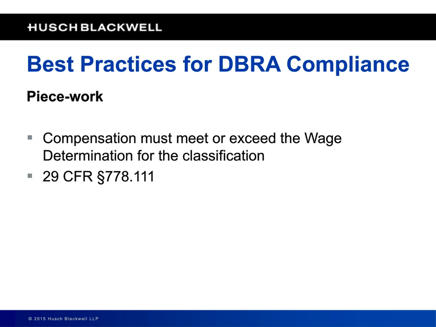Let me read for you the quote from the reg on this, from 29 CFR 778.111. When an employee is employed on a piece rate basis, his regular hourly rate of pay is computed by adding together his total earnings for the work week from piece rates and all other sources such as production bonuses, and any sums paid for waiting time or other hours, except statutory exclusions.